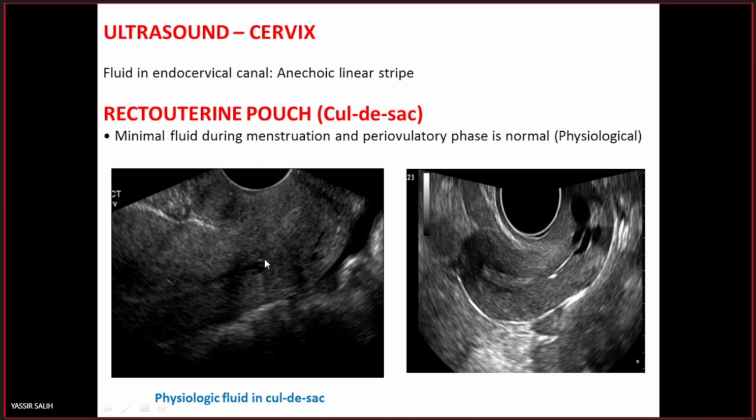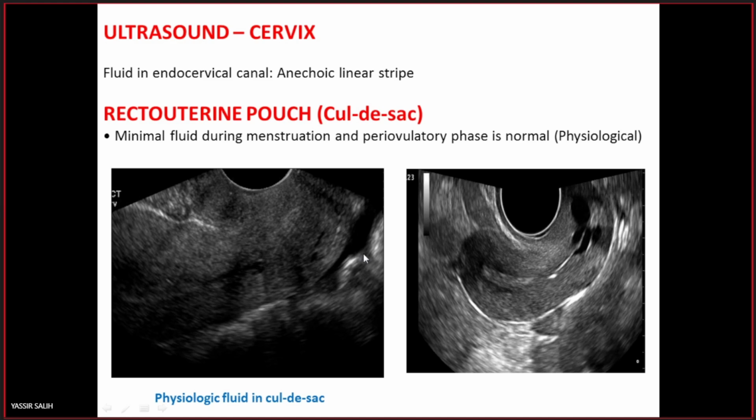طيب عندنا the fluid also can be accumulated in the pouch of Douglas or rectouterine space. Rectouterine space, this is fluid. If it is minimal, it can be normal.